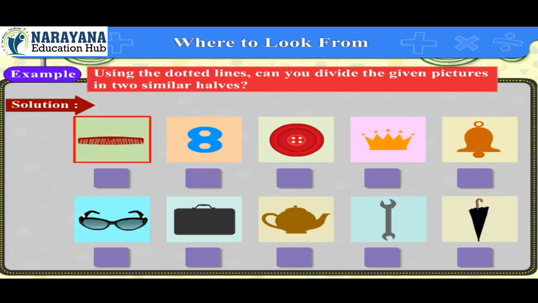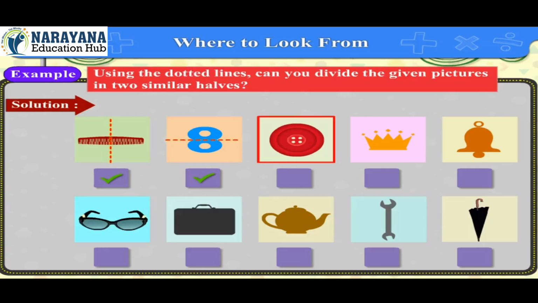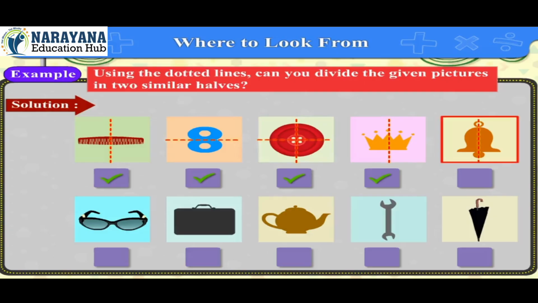Look, in the picture of a comb, if we draw a standing dotted line, we get two similar parts. If in the digit 8, horizontal, in the picture of a button, any one of horizontal or vertical line, in the crown vertical, in the bell vertical, in the spectacles vertical, and in the bag vertical lines are drawn, then both the parts will be similar.